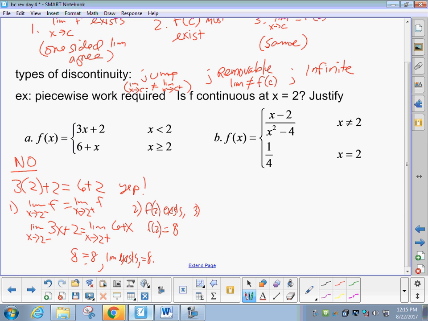Everything's meeting, so f is continuous at x equal 2 because conditions 1 and 2 are satisfied: the limit equals f at 2. Okay? That's super duper amazing, great work that I'd like to see. Try B on your own, please.